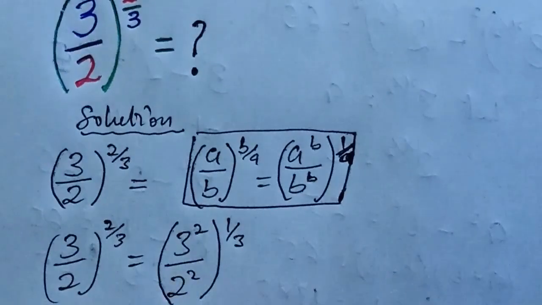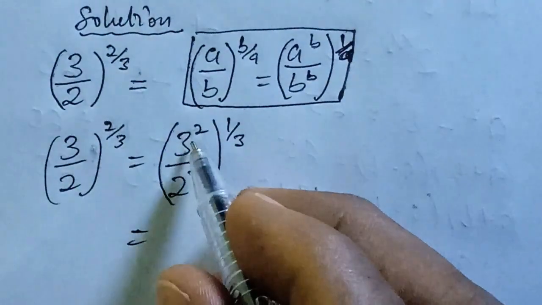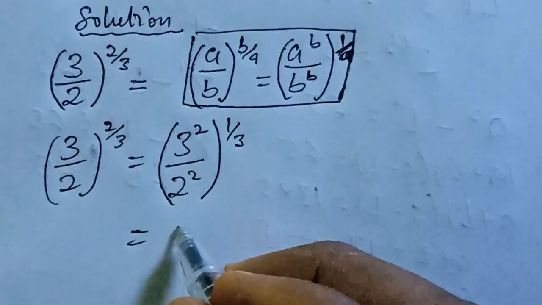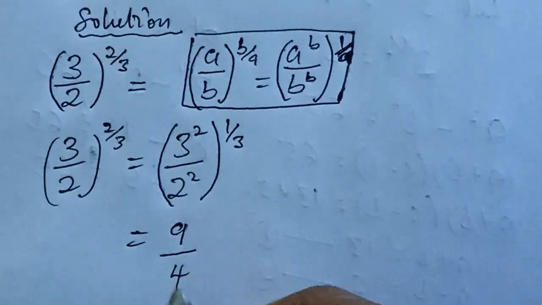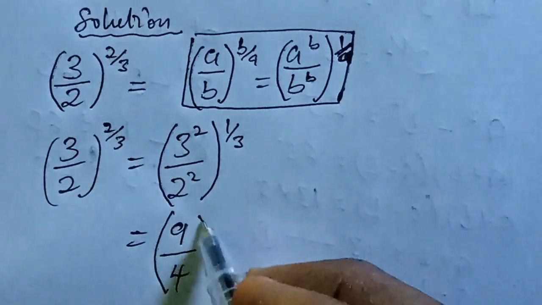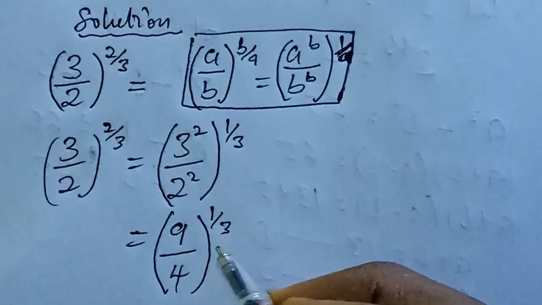Now we simplify this, we get 3 raised to power 2 will be 9, 2 raised to power 2 equal to 4, in brackets raised to power 1 over 3.